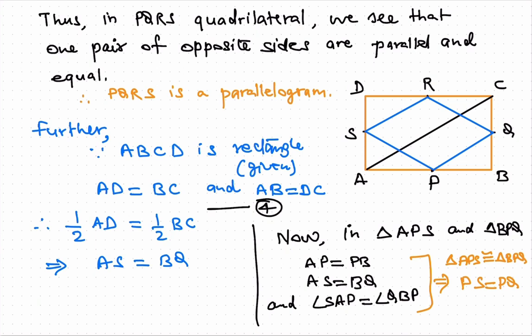So by SAS rule we got that triangle APS and triangle BQP are congruent. Therefore, by the property of CPCT, that is, corresponding parts of the congruent triangles are equal, this gives that PS and PQ are equal.